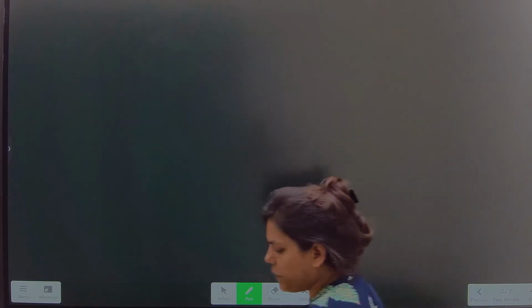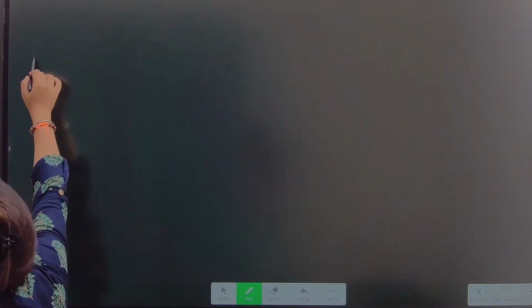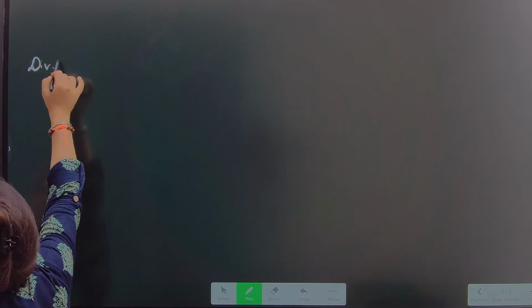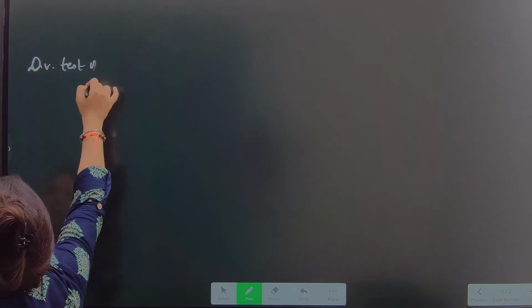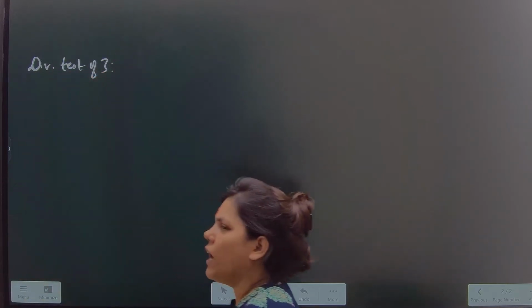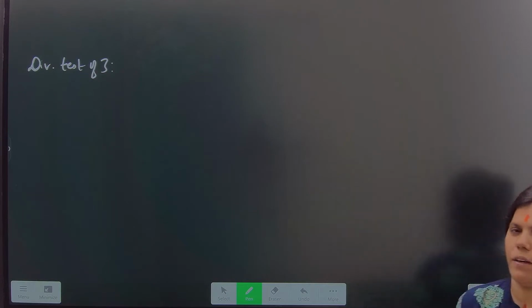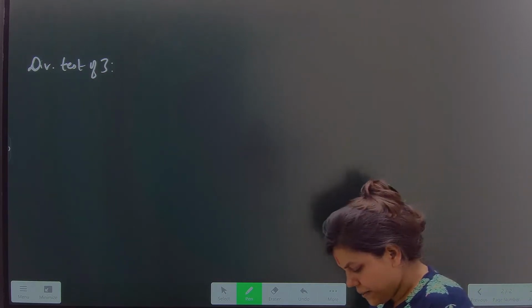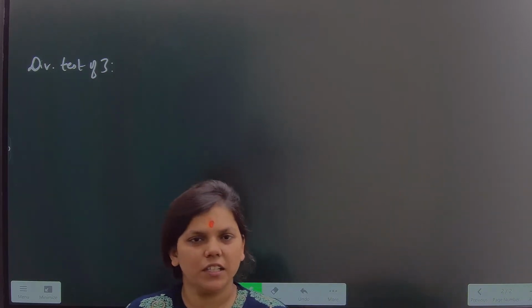Now, divisibility test of 3. How will I come to know whether the number is divisible by 3 or not? So, for that, add all the digits in the given number.